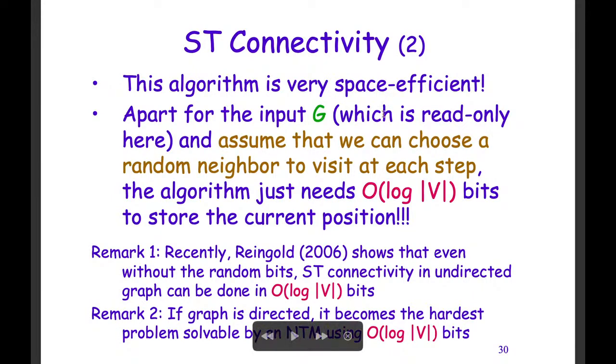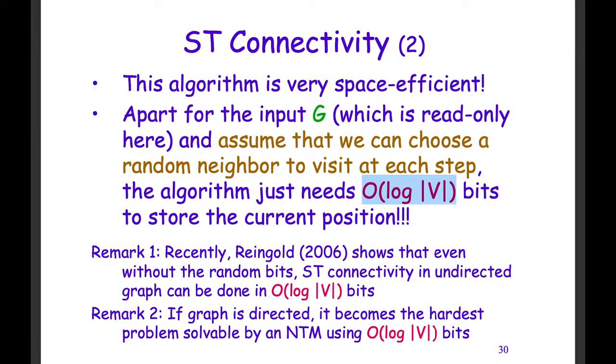So the space that we require to run the previous algorithm is a read-only input graph together with 1 or 2 counters that specify the current state. So it takes only log of v bits to run this algorithm. In terms of space complexity, this algorithm is super great. It takes only log v bits.